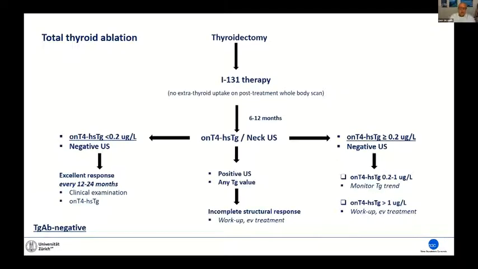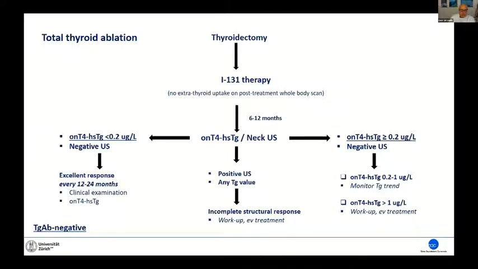So the management of such patients is very simple: thyroidectomy, radioiodine therapy in patients with no extra thyroid uptake on post-treatment full body scan. The management is based on measurement of unstimulated thyroglobulin and neck ultrasound 6 to 12 months after therapy. And of course, in case of positive imaging, this is an incomplete structural response that requires workup and treatment if needed.